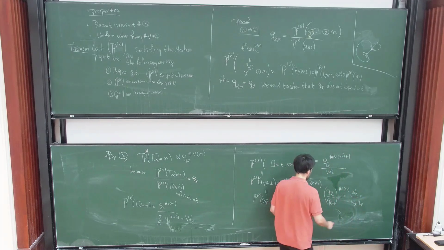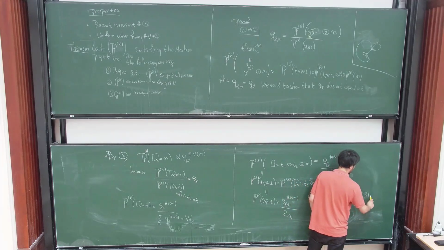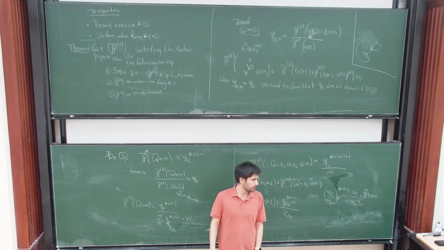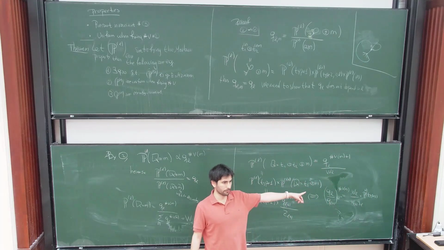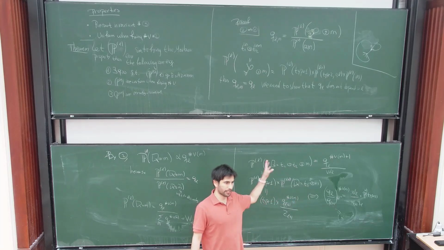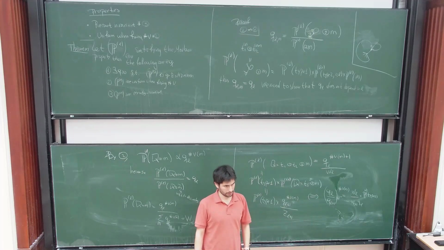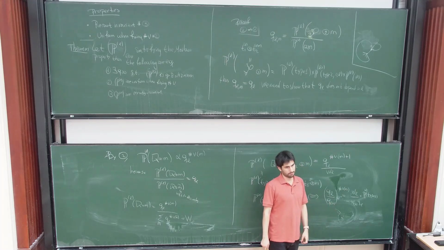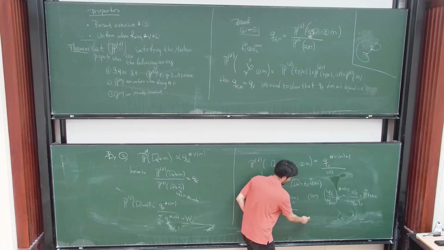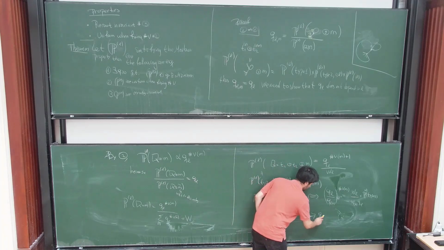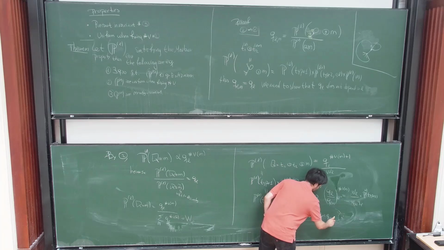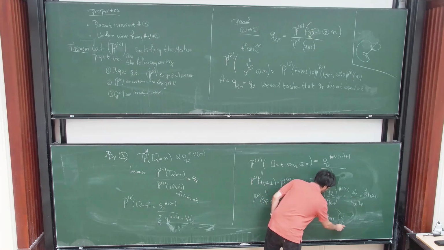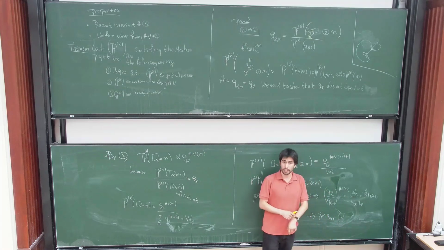Doesn't matter that much, times probability of type 1 starting from M. Yes. So the left-hand side does not depend on the vertices of M. But the right-hand side does depend on the vertices of M. That means that the left-hand side has to be constant. And it means that this ratio has to be 1. So then 1 equals 1. Well, so that's 2 implies 3. And I think this is a good stopping time.